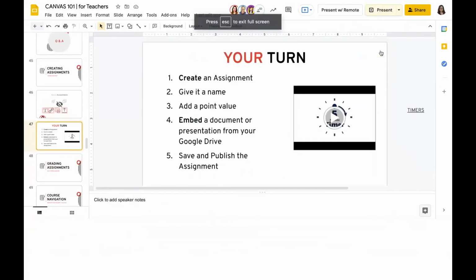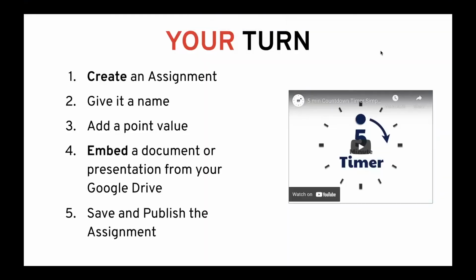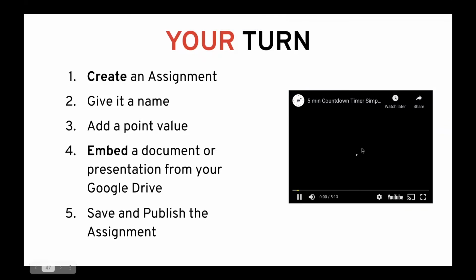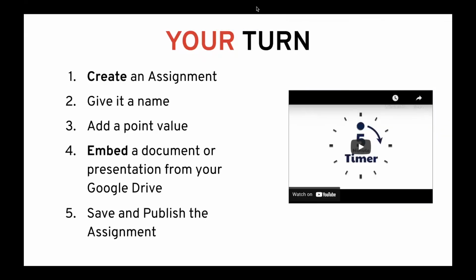You will have 5 minutes to create an assignment, to give it a name, a point value, and embed a document or presentation from your Google Drive, save and publish it. So I'm going to click my timer, and add the assignment to your module. And now we are going to talk about Canvas access. So Marianne will talk to you all about that.